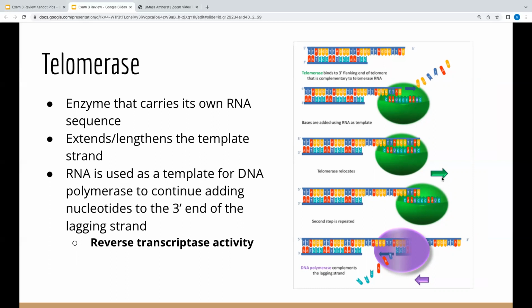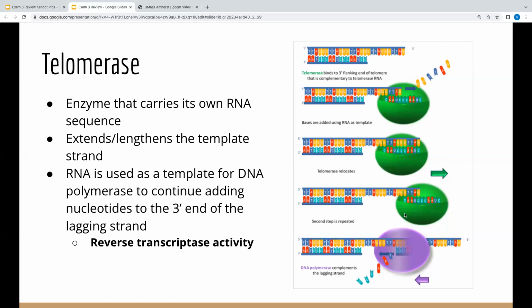So the telomerase keeps the telomere from shrinking too much, and it helps extend the template strand by using its RNA as a template for DNA polymerase to continue to add on, as you can see right here.